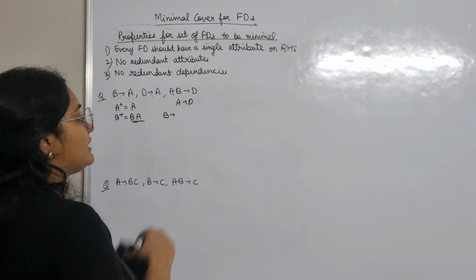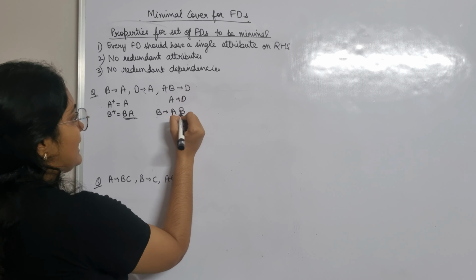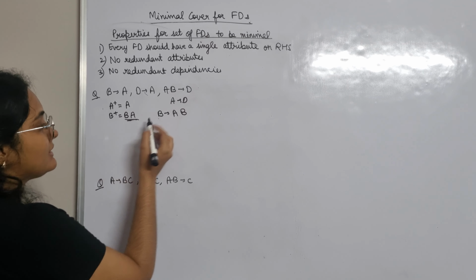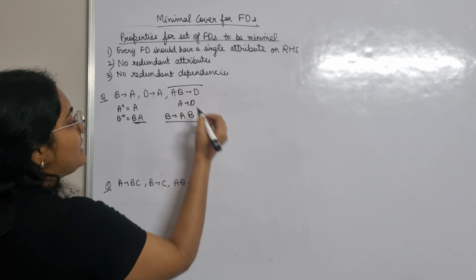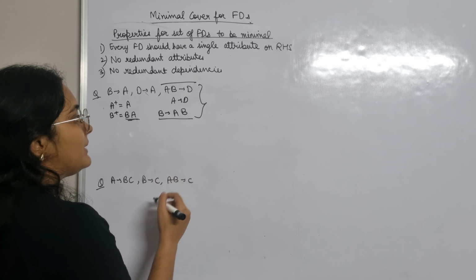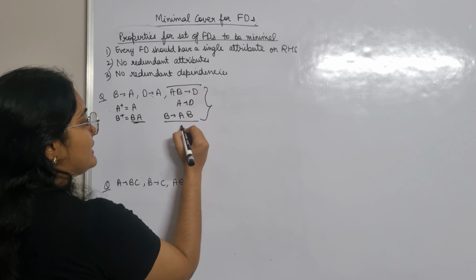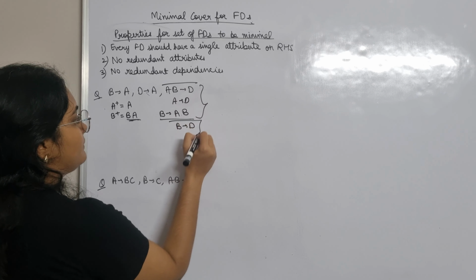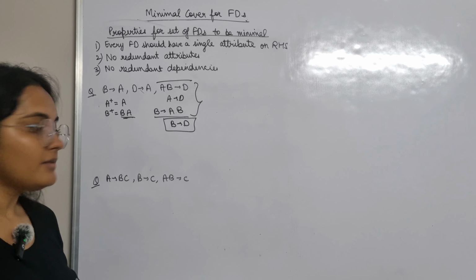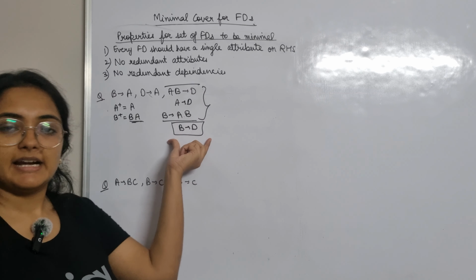Even if I change the order, it does not matter. Now B determines AB and AB determines D. If we combine these two functional dependencies, what do we get? It is transitivity. B determines AB, AB determines D. So we can reduce it to B determines D. This is the dependency that we have reduced.